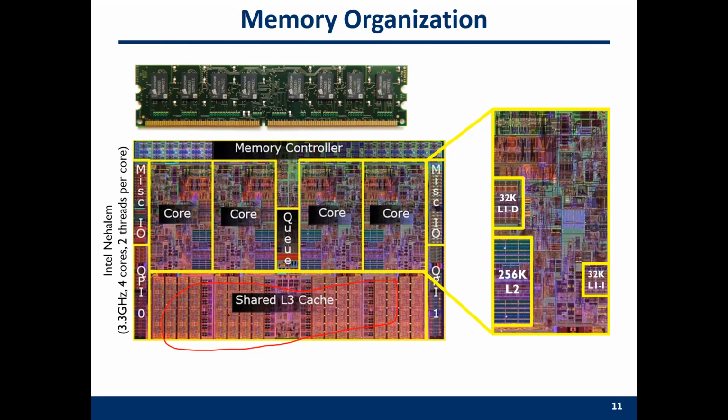We will introduce the SRAM cell in the following slides, but I can tell you that the SRAM cell is very regular. It's very structured. So you can see these regular structures are the memory. Even for the core, this is one core.